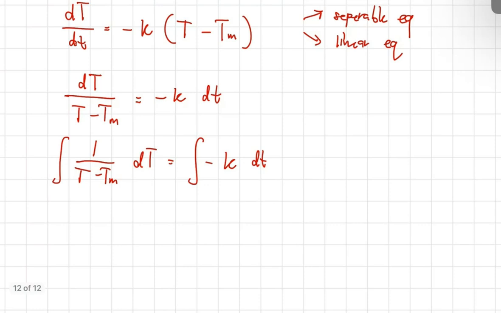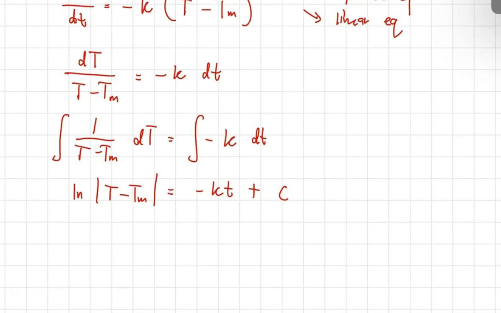The integral of 1 over (T minus Tm) is ln of the absolute value of T minus Tm. The integral of minus k with respect to t, you just get minus kt. And don't forget the constant of integration, let's say c.